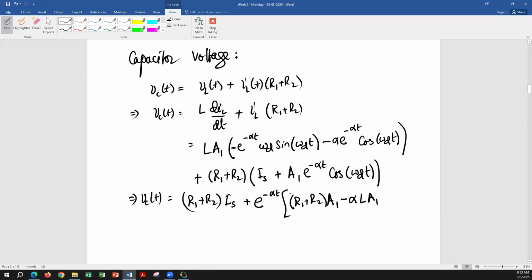This is for the cosine term, so I'm going to put another parenthesis, cosine omega d t. And then for sine, I have just this term, negative omega d L A1, with the e already there outside.